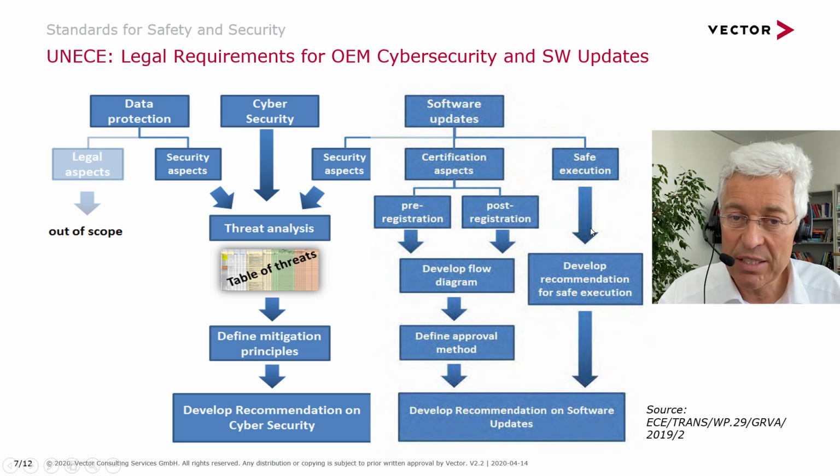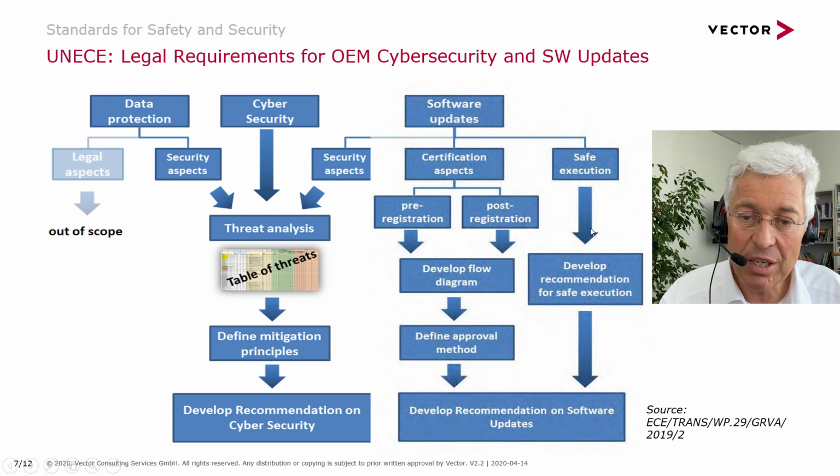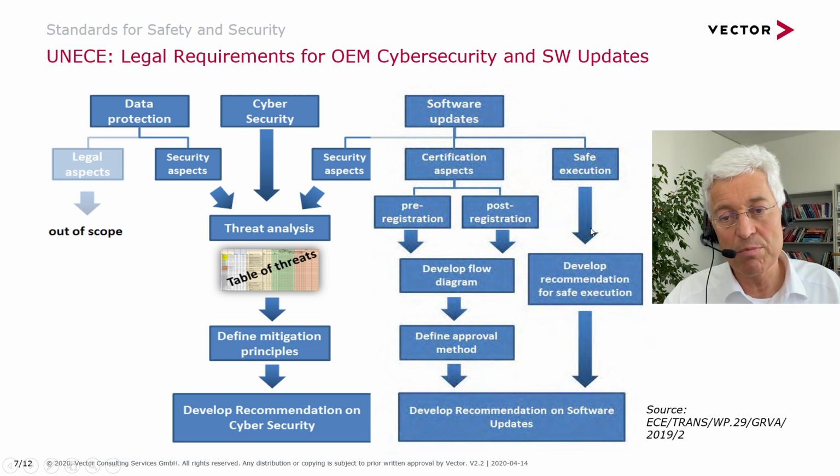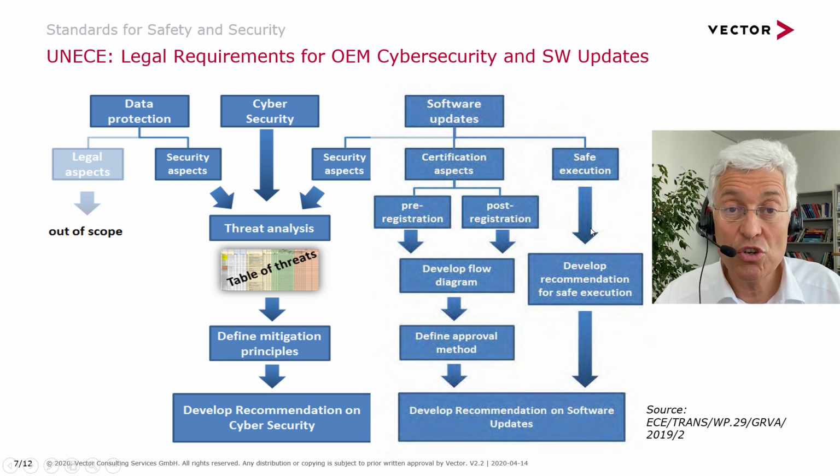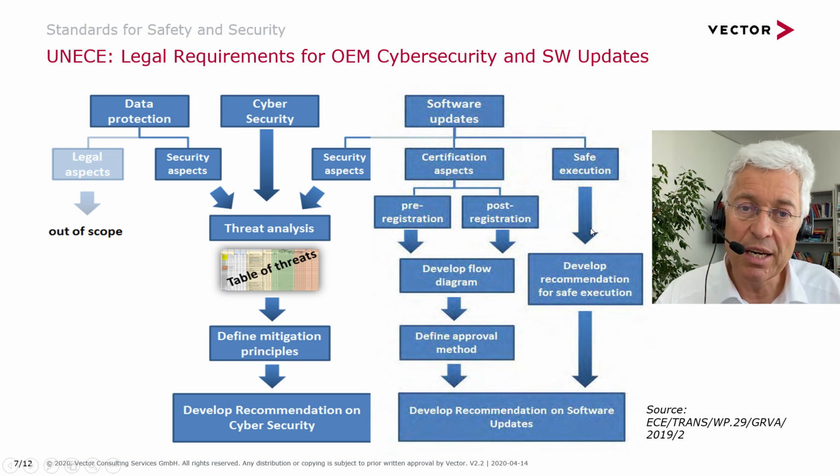That's the idea behind this UNECE software update management, which we currently introduce, starting with the OEMs, but then also with the different suppliers, in order to ensure that any software update meets cybersecurity requirements as well as the underlying safety and other regulations necessary for type approval.